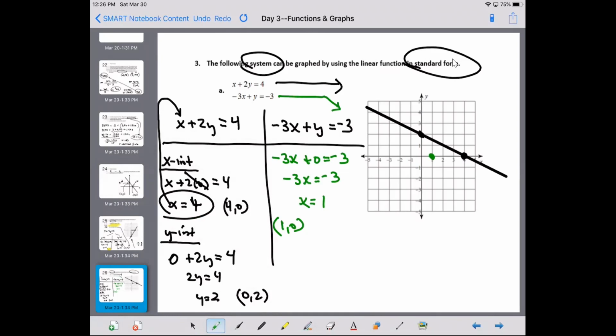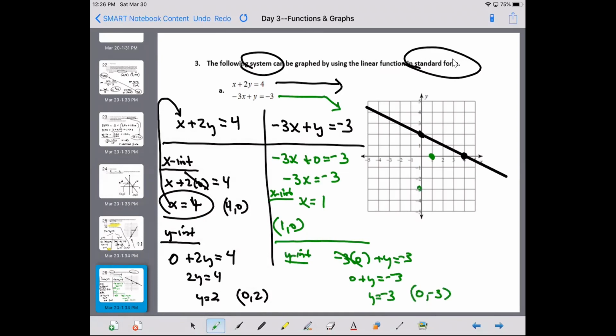And then what would be the y-intercept? Because this one was the x-intercept. For the y-intercept, negative 3 times 0 plus y is equal to negative 3. So this goes to 0 plus y. So y is negative 3. So (0, -3) would be the y-intercept.